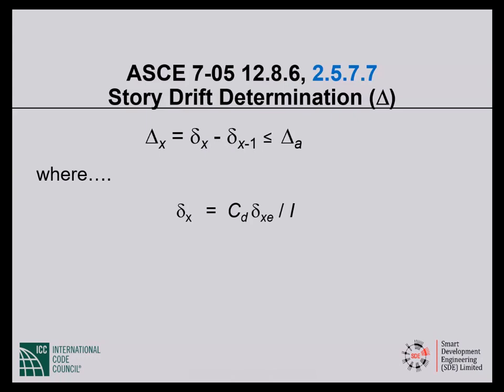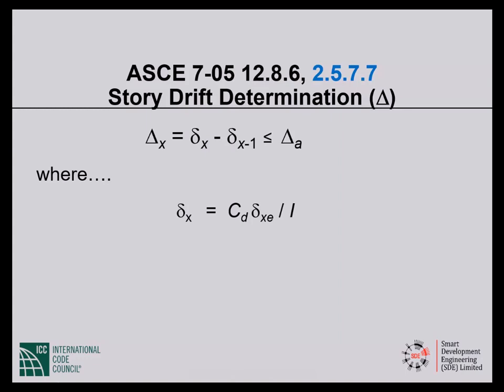Our estimate of the design earthquake displacement is the elastically computed delta sub xe multiplied by the deflection amplification factor C sub D, which is given in the R values table. So C sub D times delta sub xe is our estimate of design earthquake displacement.